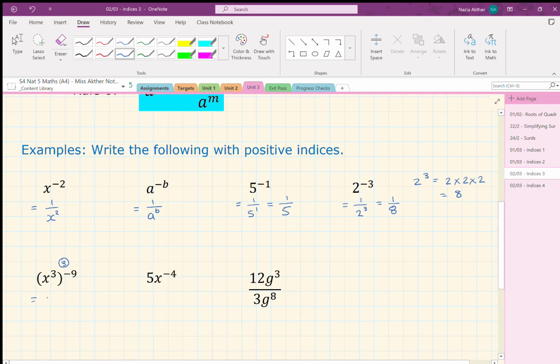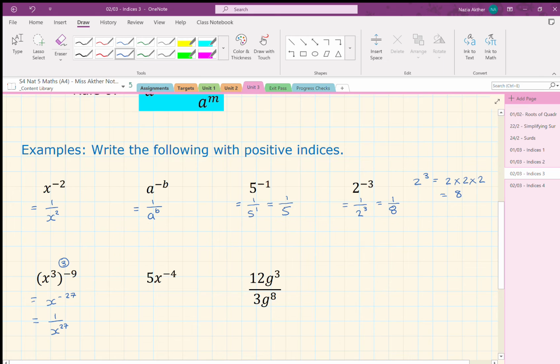So we get x to the power of negative 27. But we want to write this where it has a positive index. So referring to my rule number 6, I can write this as 1 over x to the power of 27.